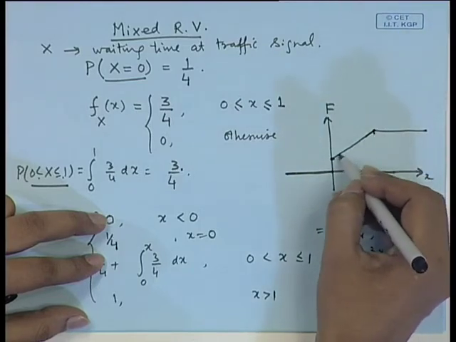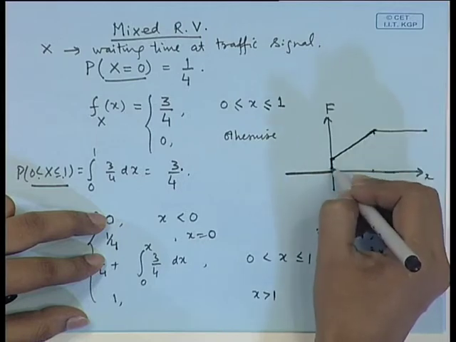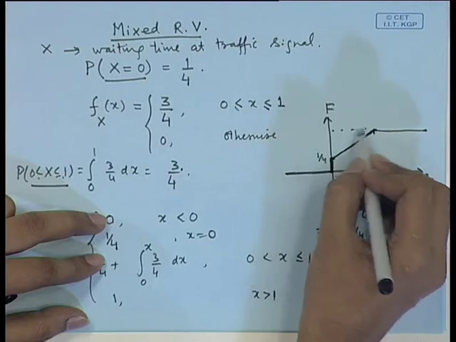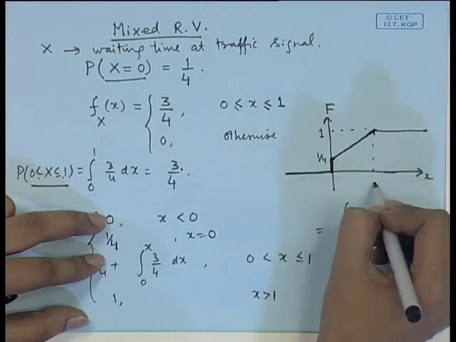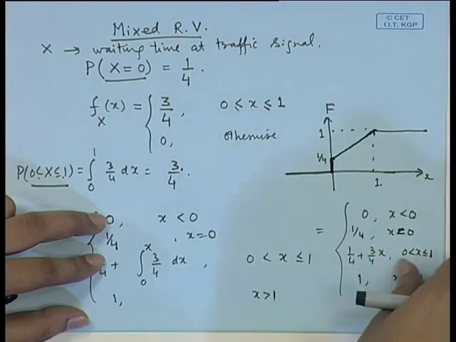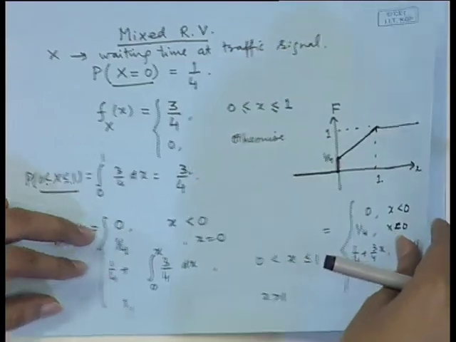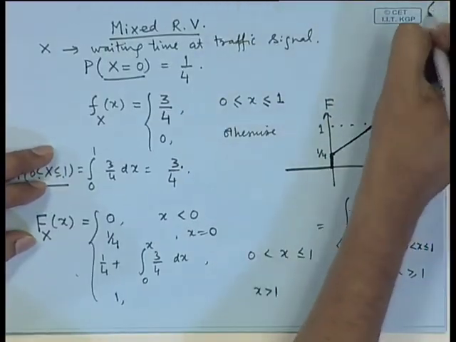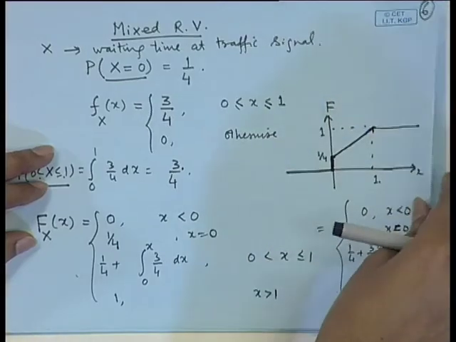So, in this part it is a continuous random variable, and there is a jump here of size 1 by 4. So, we will look into these things in the next lecture. Thank you.